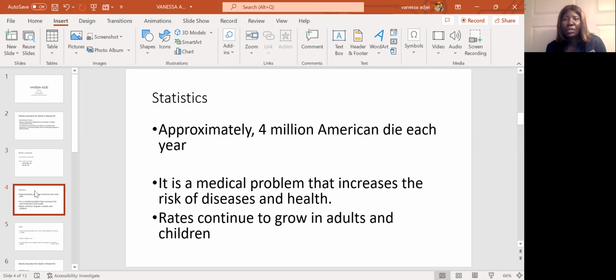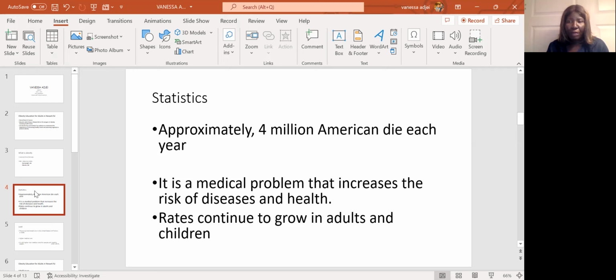It could be anybody. So this number is very, very high, and it is all of our jobs to work hard so that we minimize, if not eliminate, the occurrences of people being obese.